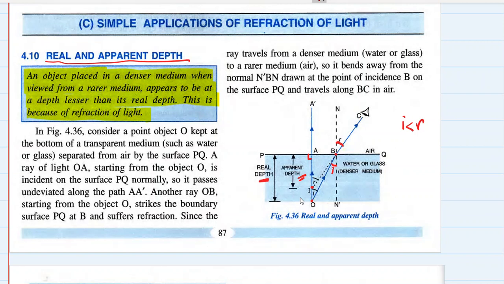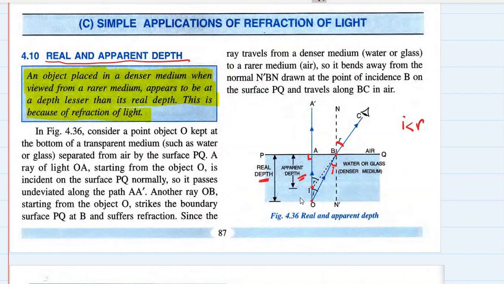If you put a pencil inside water and see from outside, in a container made of glass, okay. Also, the depth of a swimming pool appears shallow. This is all due to refraction. The bottom of the swimming pool appears to have raised, that is due to refraction.